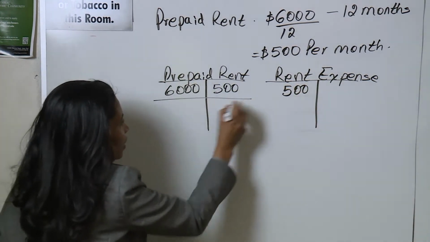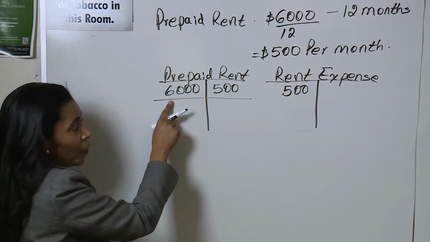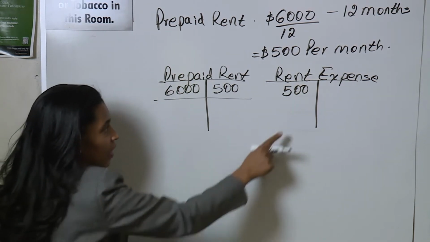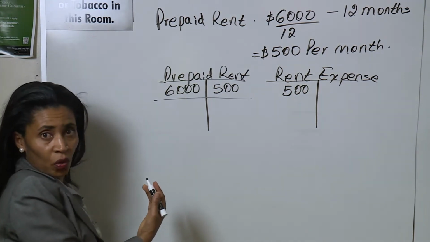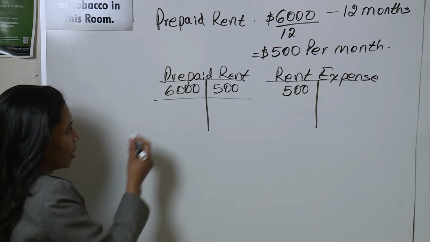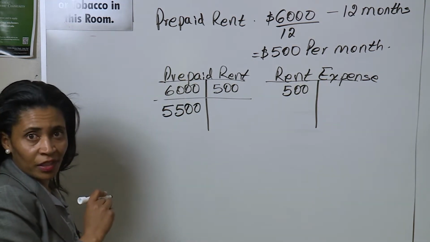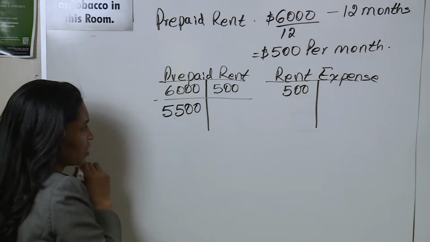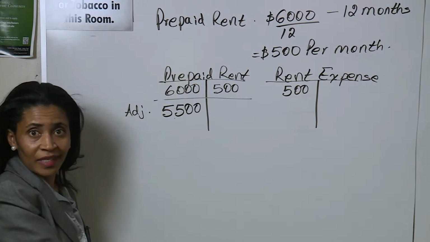Basically, I took out 500, which is 1 month's rent, from my prepaid rent asset account and recorded it as my expense. That will correct the balance of my prepaid rent and rent expense accounts. So I'll be left with 5,500, which is my adjusted balance, for the next 11 months.